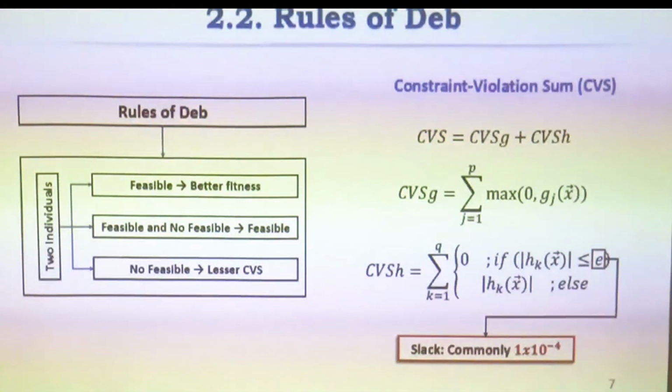If we have two infeasible individuals, we select the one with the lesser constraint violation sum. The constraint violation sum is calculated using these formulas, and to reduce the computational complexity of the problem, equality constraints are converted into inequality constraints using a slack that is commonly 1 times 10 to the power of minus 4.